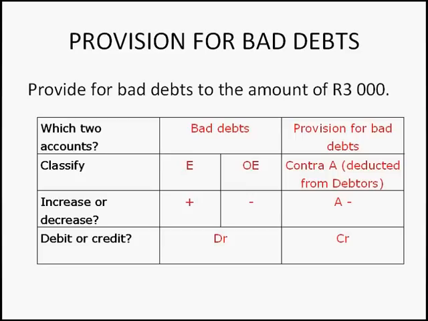So just like accumulated depreciation reduced the value or the cost of the machinery and the vehicles and all of those other assets we had, so does provision for bad debts decrease the value of the debtors in the balance sheet. So it's seen as a contra asset. And when it's seen as a contra asset, it does the opposite to what happens to an asset. In other words, it decreases the value of an asset.